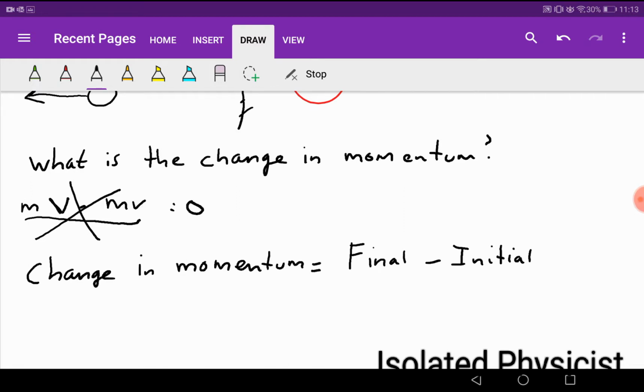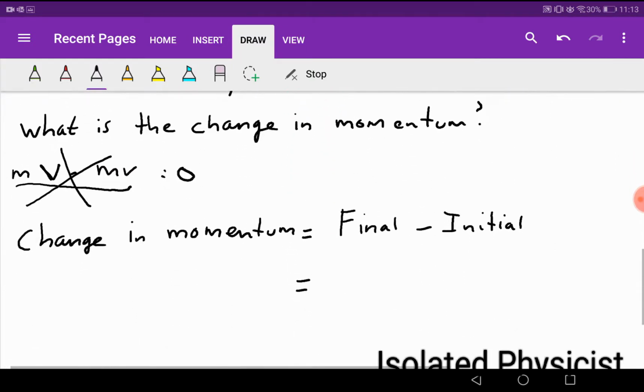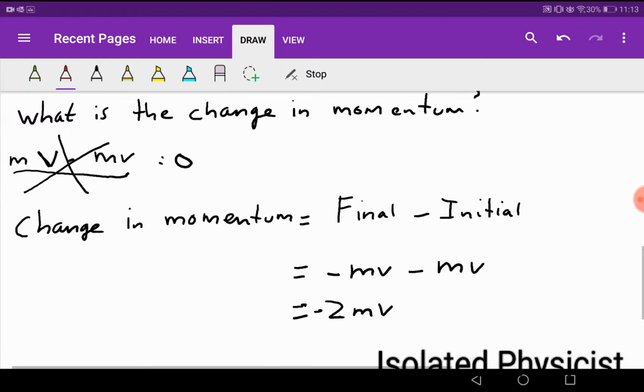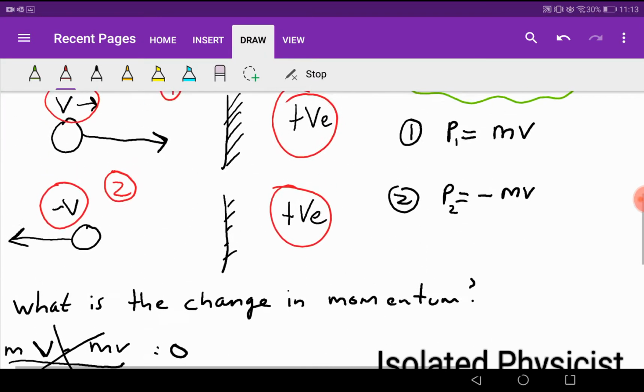So in our scenario, our final momentum is minus mv, and our initial was mv, so minus mv and minus mv. So our change in momentum here is going to be 2mv, sorry, minus 2mv. So it's very important that you understand how that works, where we're rebounding off a wall.